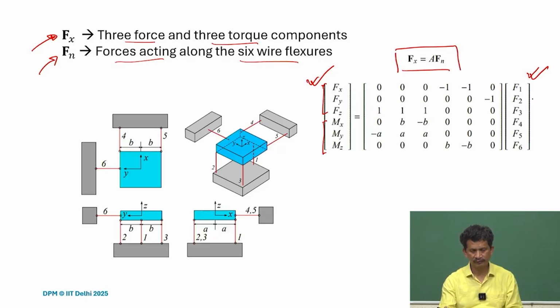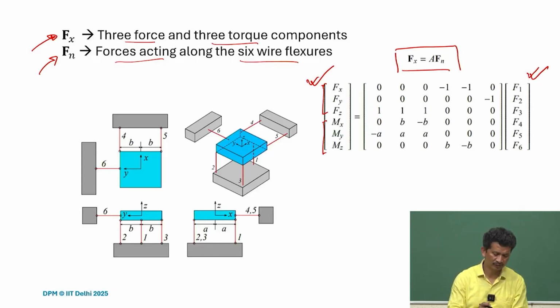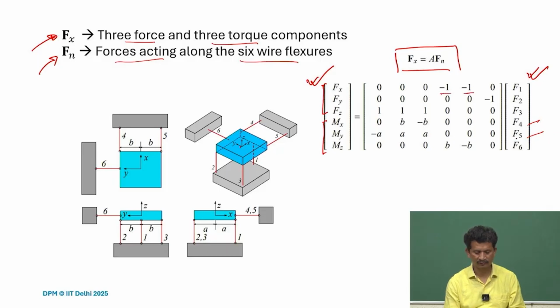Fn is the force on individual wire flexures, and Fx is actually all the 6 force components along x, y, and z. So from here also we can see Fx is nothing but minus 1, and this is the 4, so F4 and F5. 4 and 5 will give me Fx.